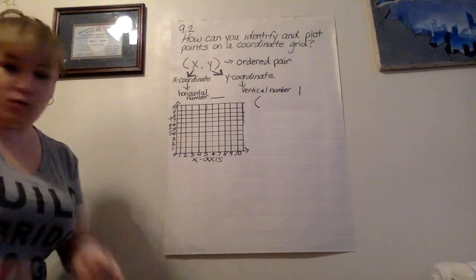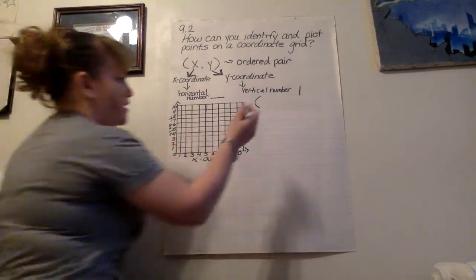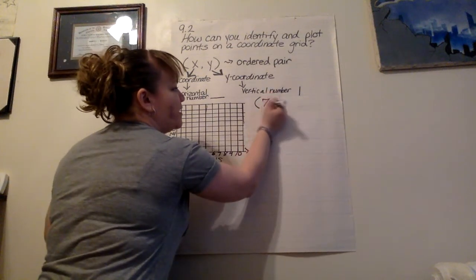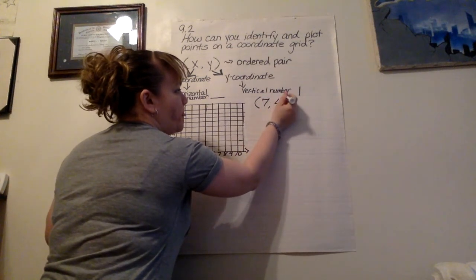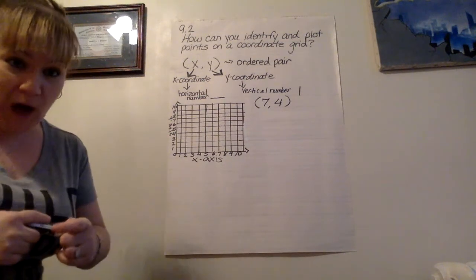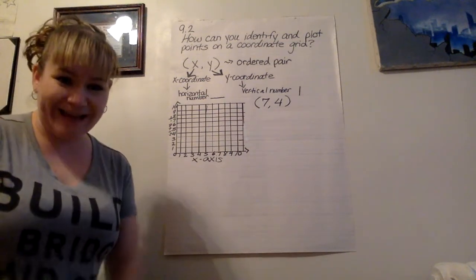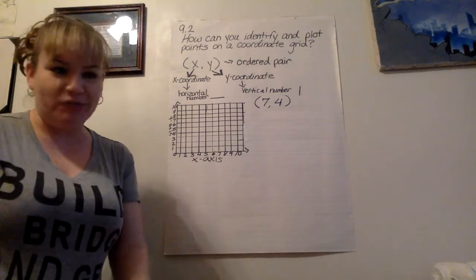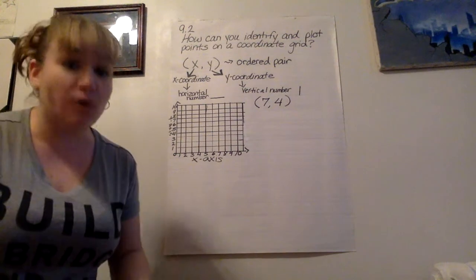So let's do a quick example. I'm going to prove to you what I mean. I'm going to do 7, 4. That is an ordered pair. Why? I know you're probably saying, well, Miss Sanfilippo, it's not in order. Shouldn't it be 4, 7? Yes, if you're counting and putting things in numerical order.